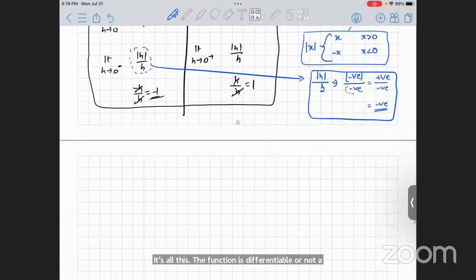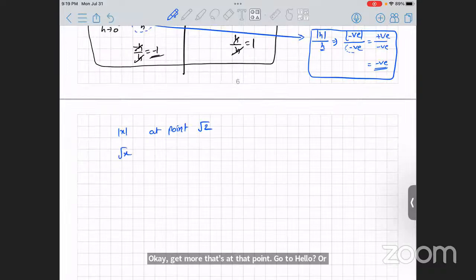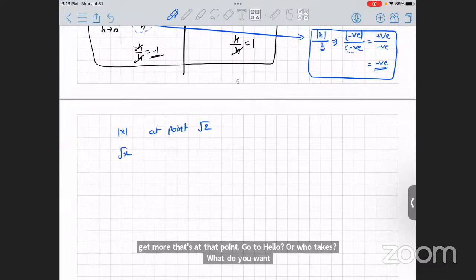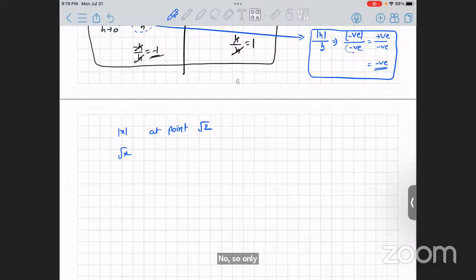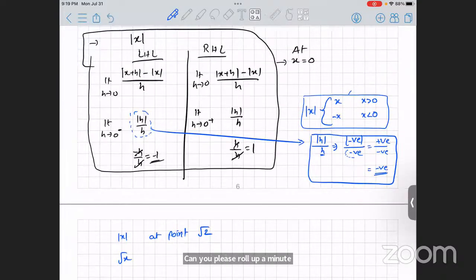At mod x, at point root 2 or root x, what do you want? No, sir. Only root x at point 0. The function is continuous everywhere except 0. Except 0, everywhere continuous and differentiable. Okay, sir.